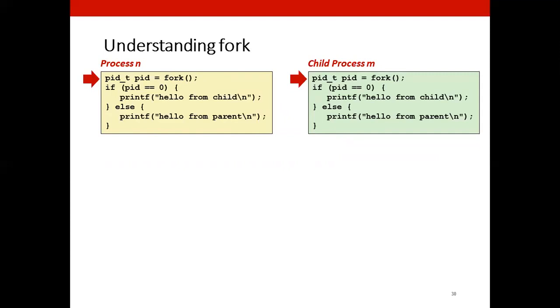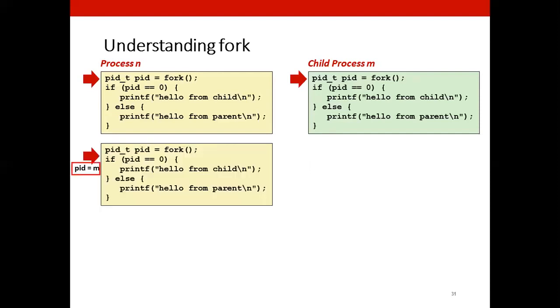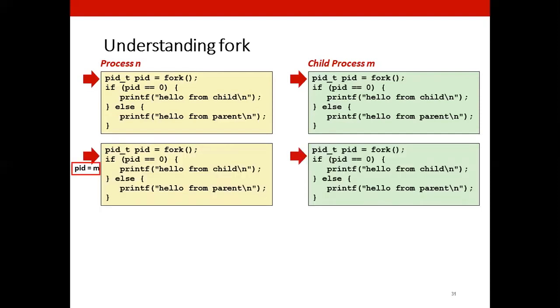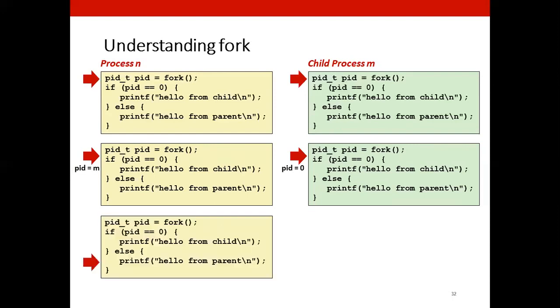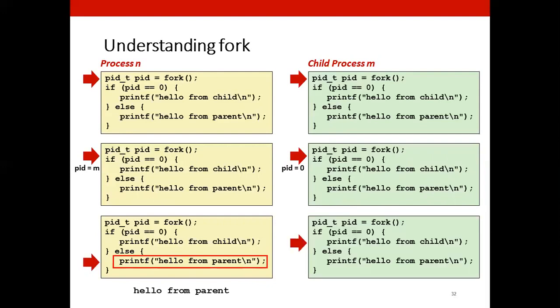The parent process continues to execute and receives the PID equal to M, which is the PID of the child process. And the child process is running and it is going to receive 0. Now, since process N received M, it is going to execute the else part of the code. And process M will execute the if part of the code. And you will see a hello from the child. Okay, that should be simple.